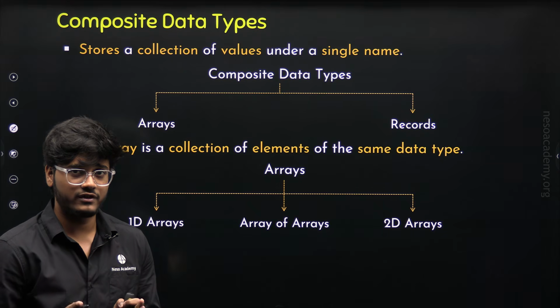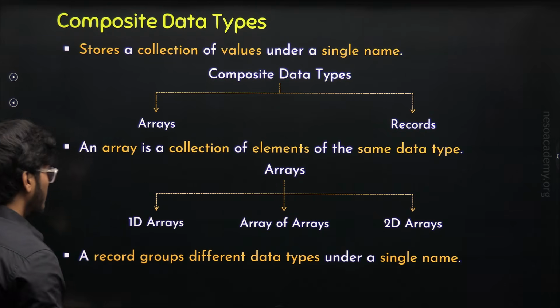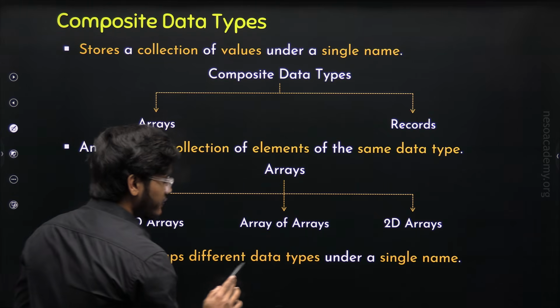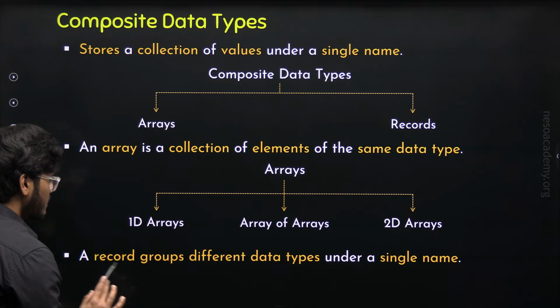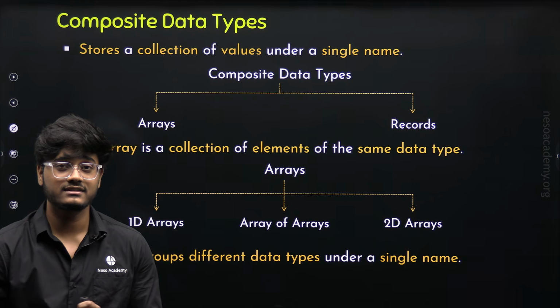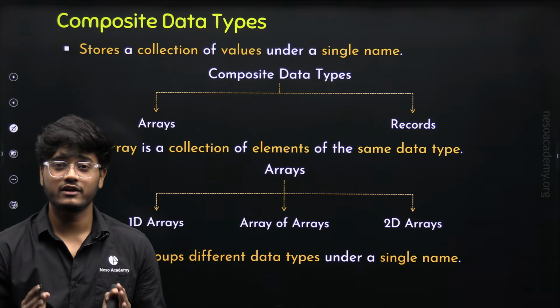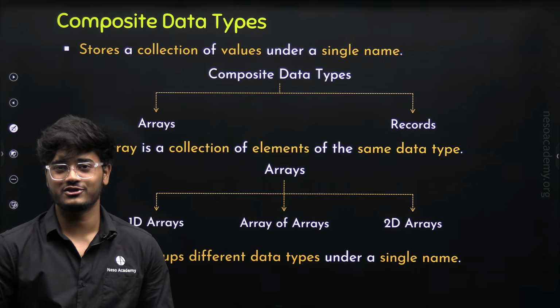For that, we will use records. So, a record groups different data types under a single name. Means record stores different types of data under a single name. So, if I want to store different types of data, I will use records.